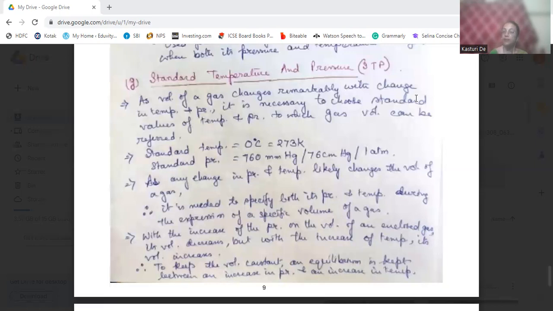But with the increase in temperature, the volume will increase. Pressure is inversely related to volume, so if pressure is increased, volume will decrease. Temperature is directly related to volume, so if temperature is increased, volume will increase.